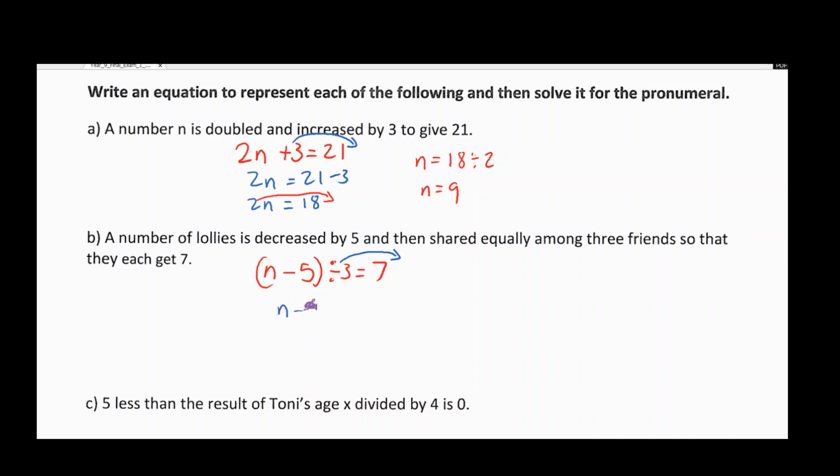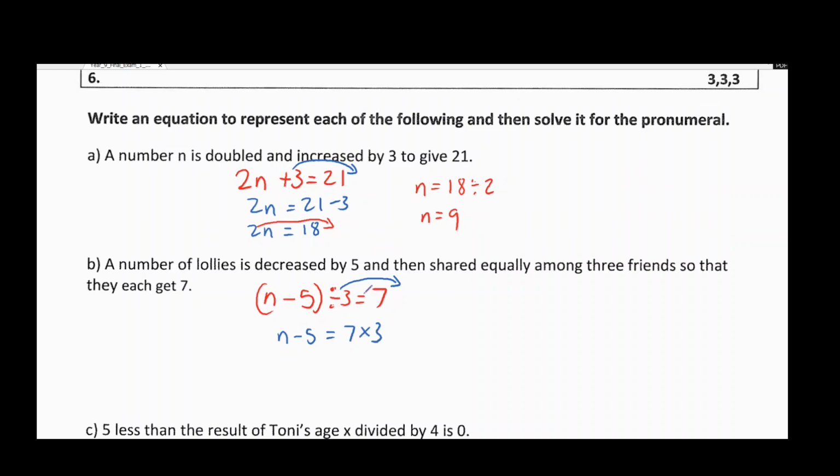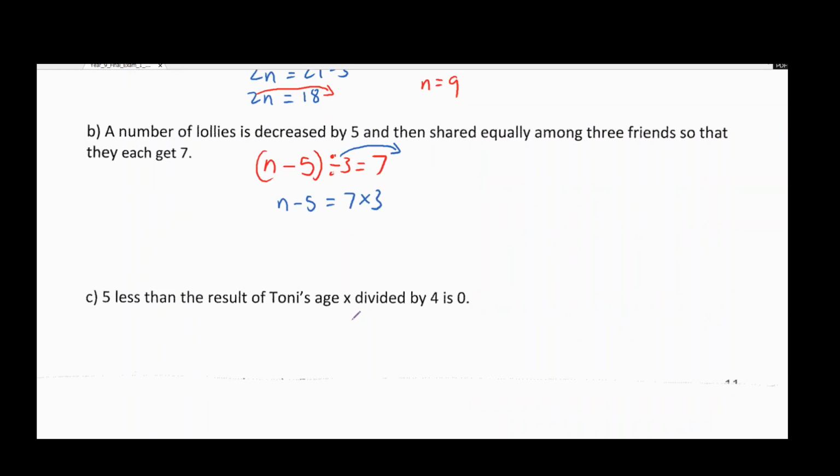So I'm going to have n take 5 equals 7 times 3. n take 5 equals 21. And now I need to move this minus 5 to the other side to make it plus, equals 21 plus 5. n equals 26.